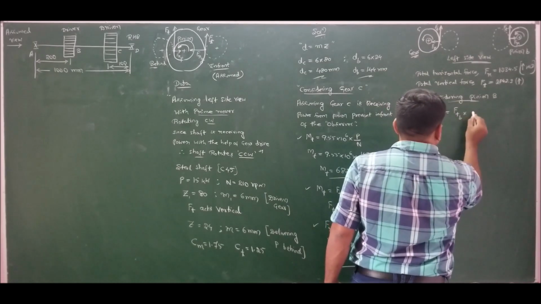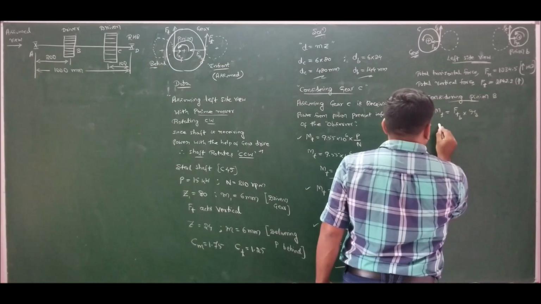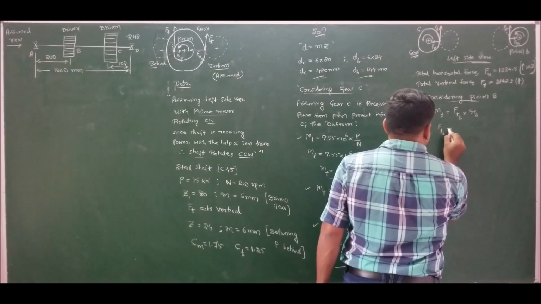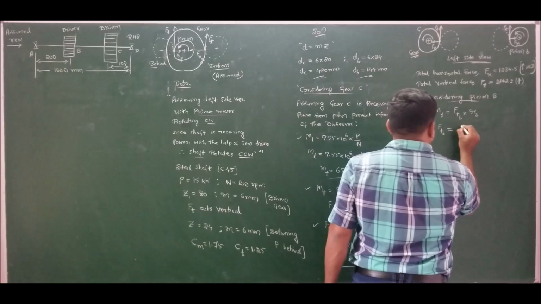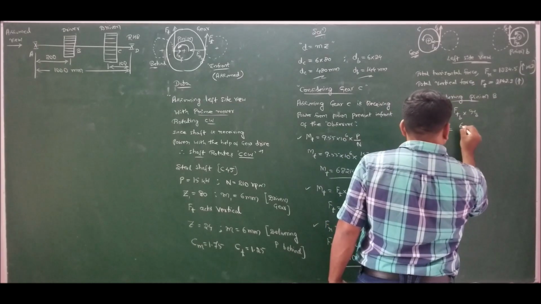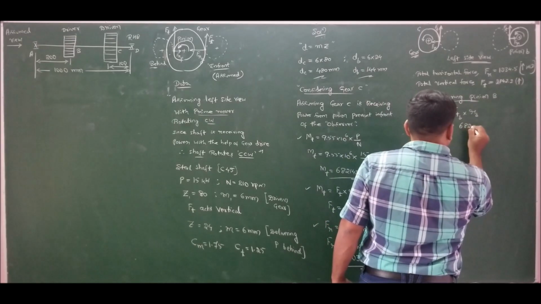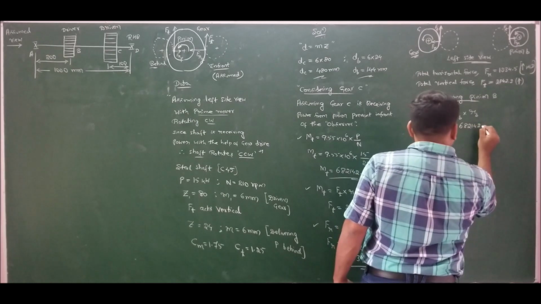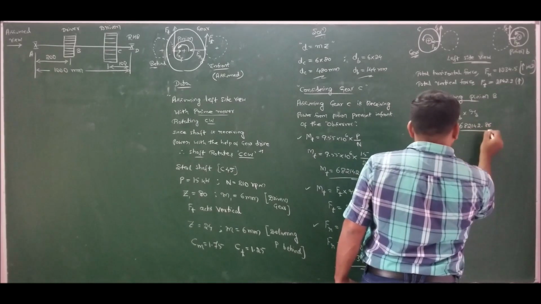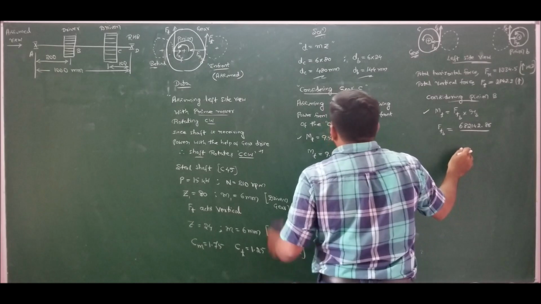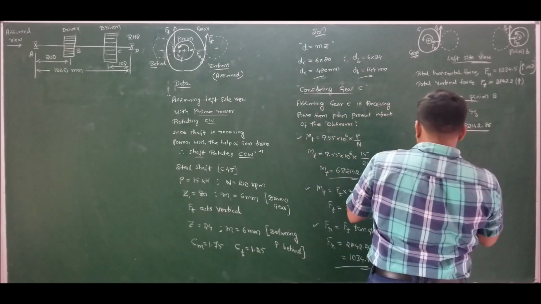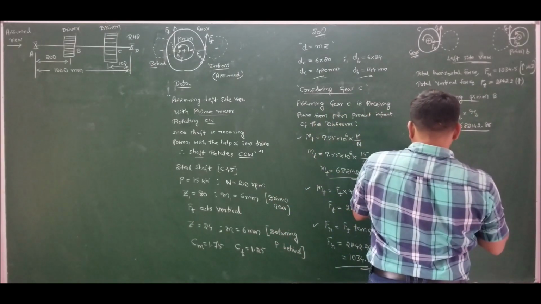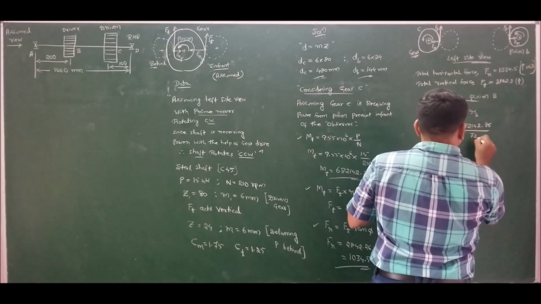into RB. We get tangential force of pinion is equal to 682142.86 by radius of pinion is 144 by 2, which is 72.